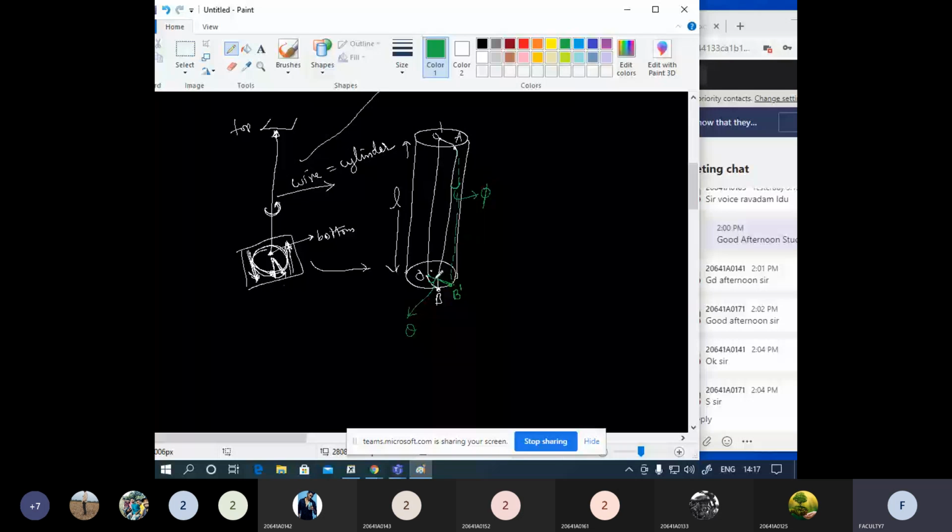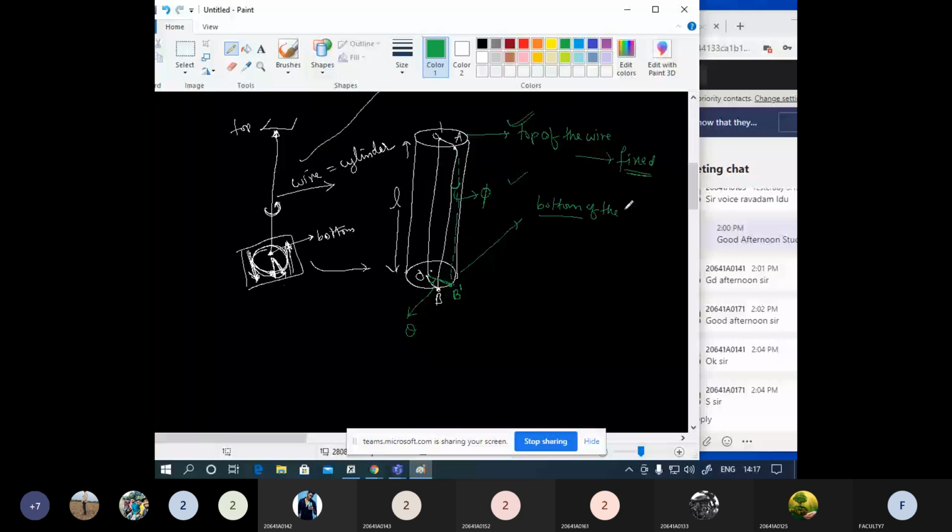I'm repeating the points. This is the top of the wire. So this wire is fixed here. Consider these as the important points. Top is fixed, nothing but hanged here. At the bottom of the wire, you are applying the couple.